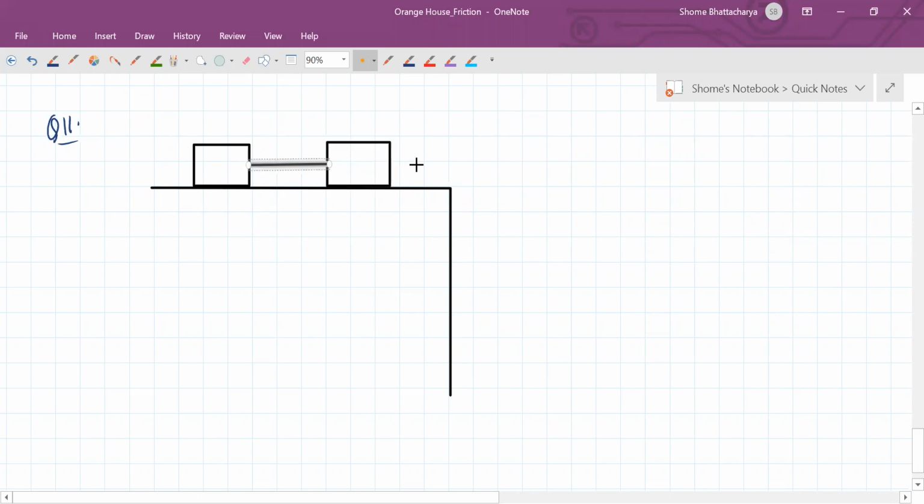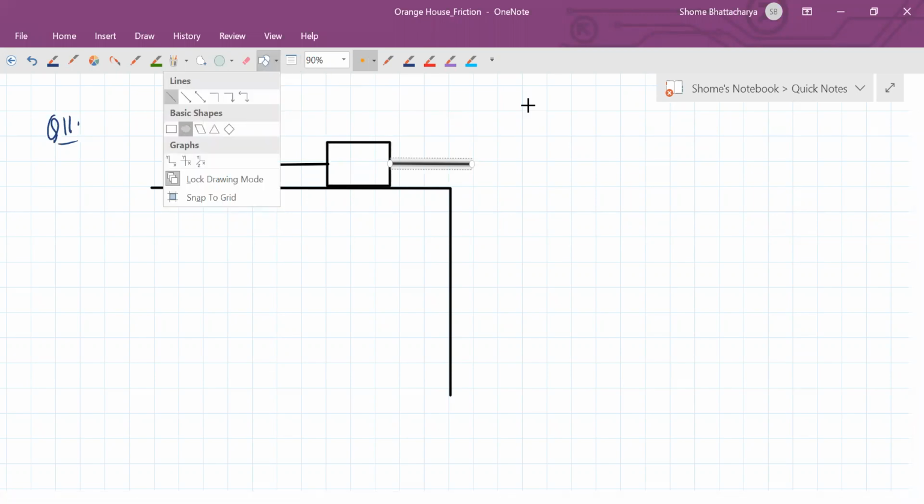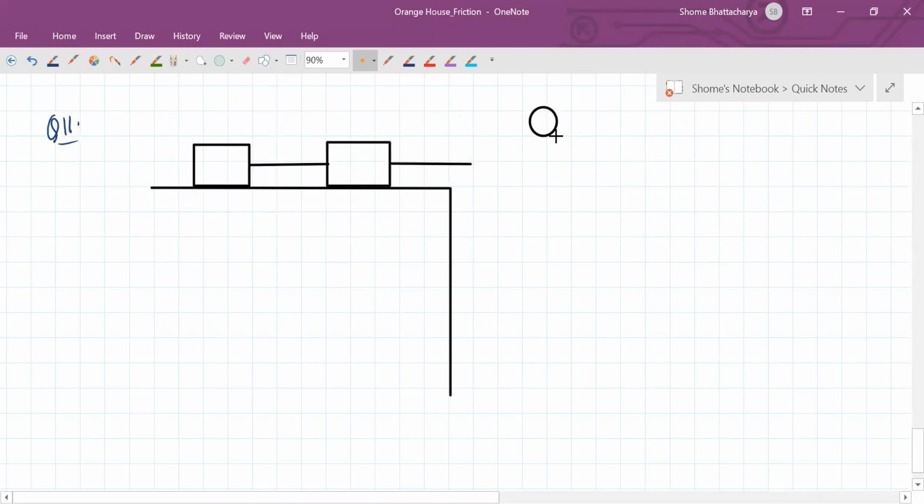The third one is connected by the thread, but going around a pulley. So the pulley is clamped to the table like this.